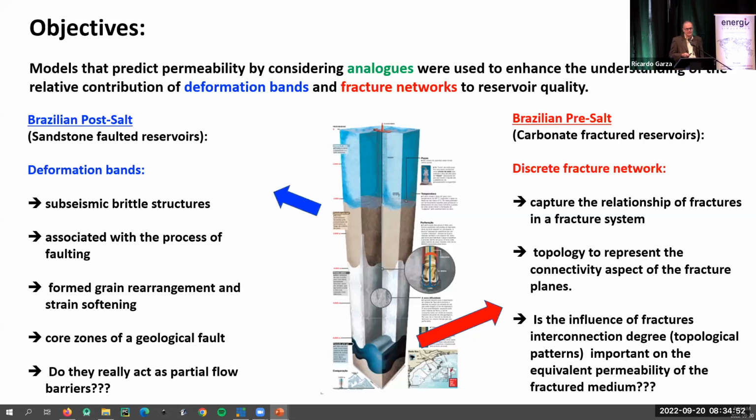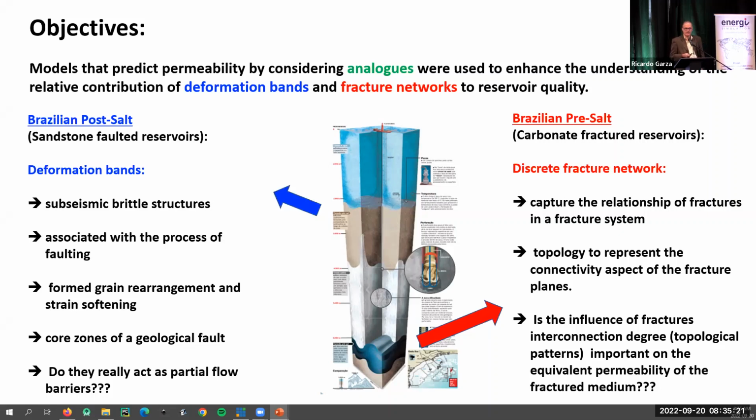The other topic of my talk is the analysis with discrete fracture networks related to the Brazilian pre-salt carbonate reservoirs. The idea is to capture the relationship of the fractures in the fractal system. We are especially interested in topological aspects of the fractal network, so the topology represents the connectivity of the fractal planes.